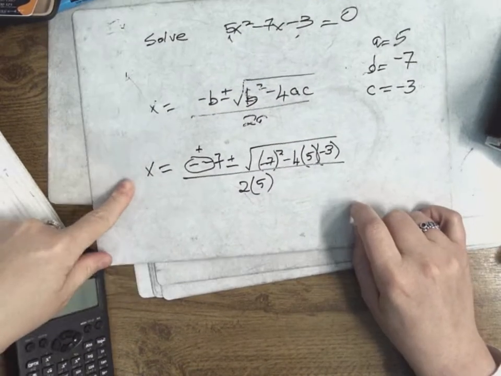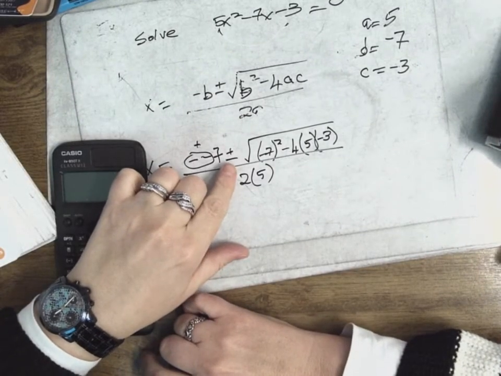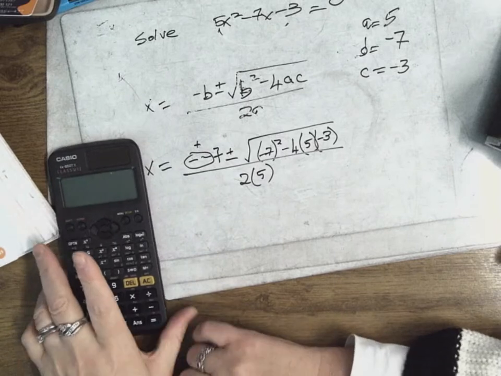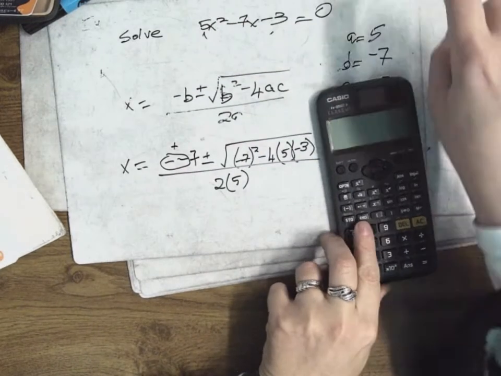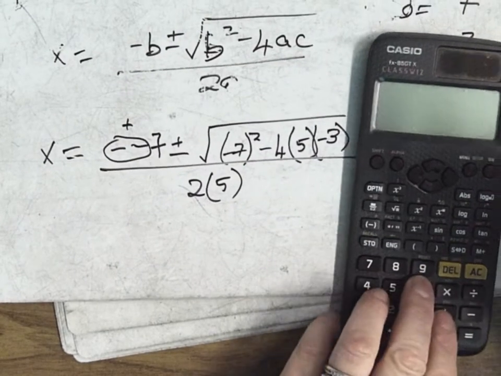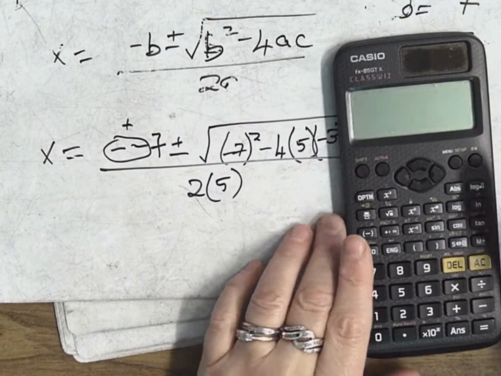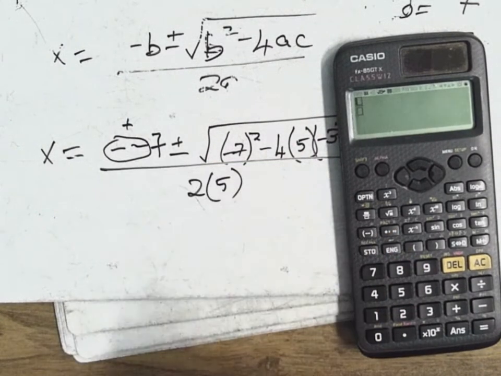You key this in exactly as you see it, except here you put in a plus, right? So in order to put this in, first thing I do is put a fraction button.